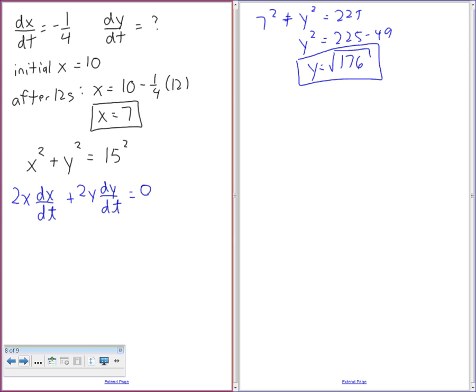All right. What am I actually solving for in this question? dy over dt, everything else I can sub in for. Can someone be brave and start subbing in? What does x equal? Good. What does dx by dt equal? Good.